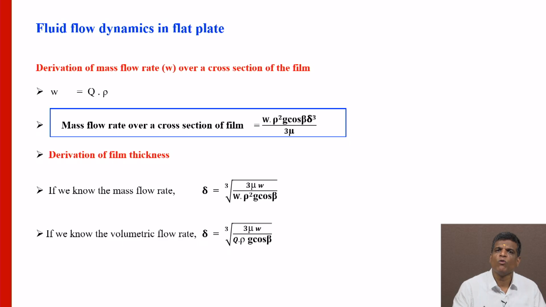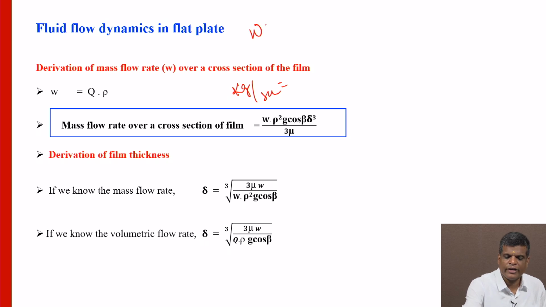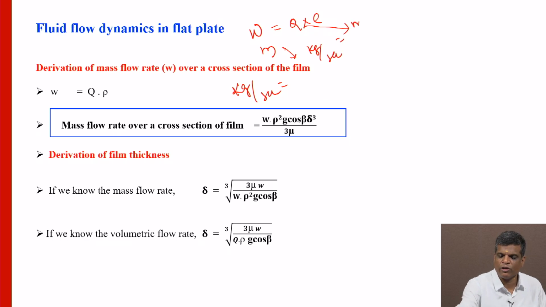With the same problem, how do we calculate the mass flow rate? Normally the mass flow rate unit is kg per second. We normally write mass flow rate as W, sometimes m. Here it is Q into rho. Q, the volumetric flow rate, has units of meter cube per second, and the density has units of kg per meter cube.